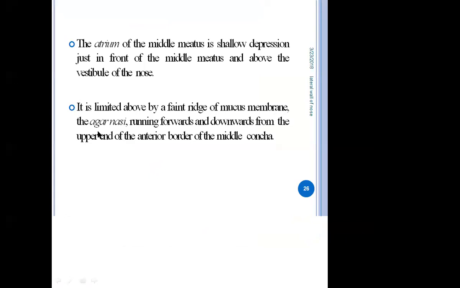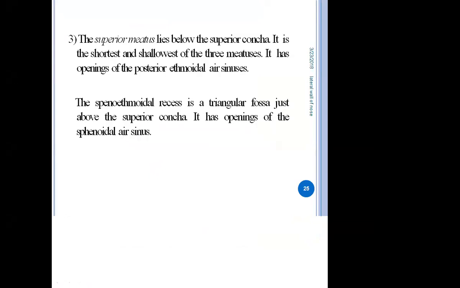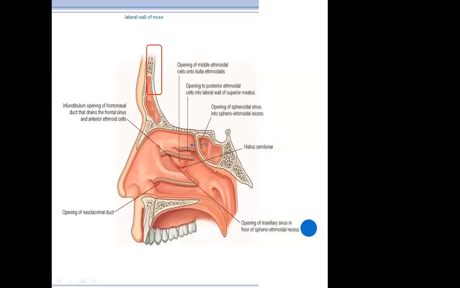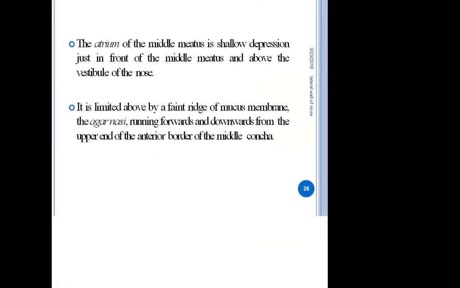This ridge is called the agger nasi. So all this is the atrium, limited above by the agger nasi, the ridge of mucous membrane. It is directed forwards and downwards like this, the mucous ridge.